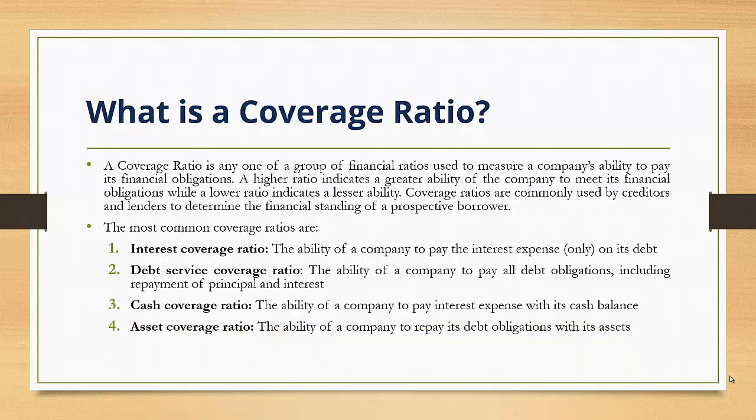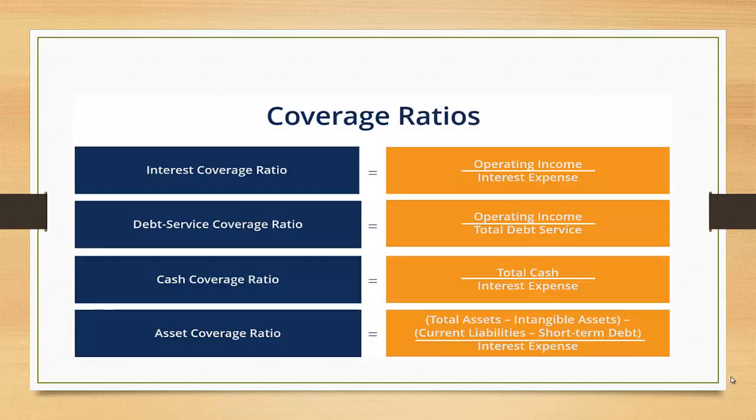The third one is cash coverage ratio. It refers to the ability of a company to pay interest expense with its cash balance. The fourth one is asset coverage ratio. It refers to the ability of a company to repay its debt obligations with its assets.